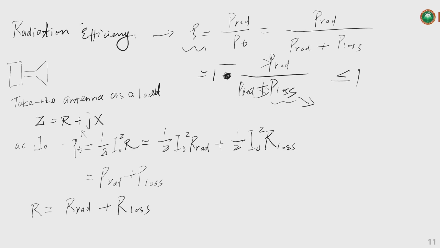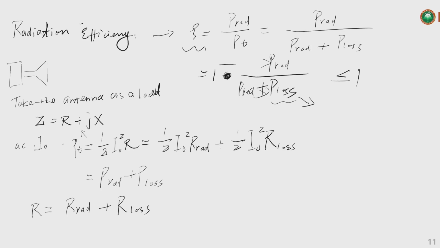For the materials, on the surface we need to coat some materials with high conductivity to reduce the ohmic loss. We also want to keep the surface as smooth as possible to reduce the ohmic losses.